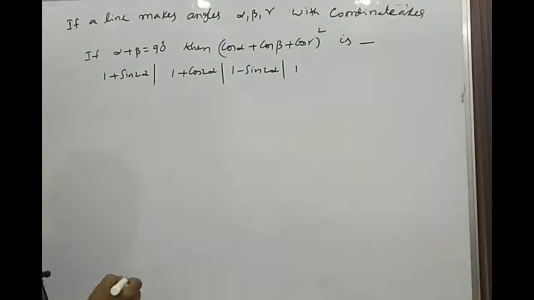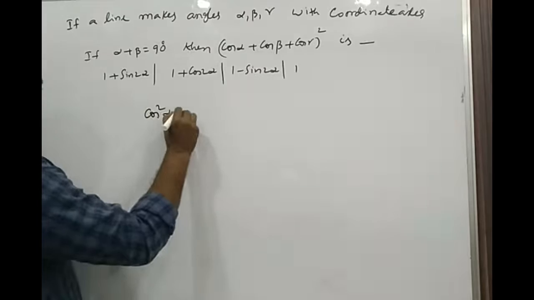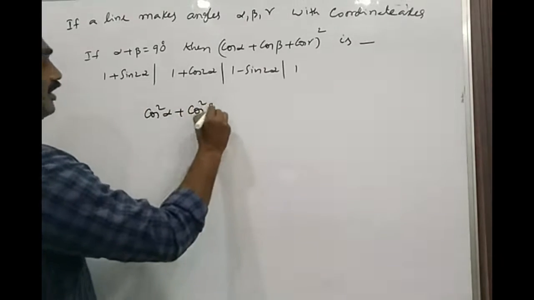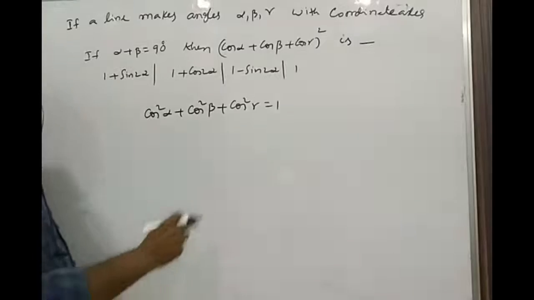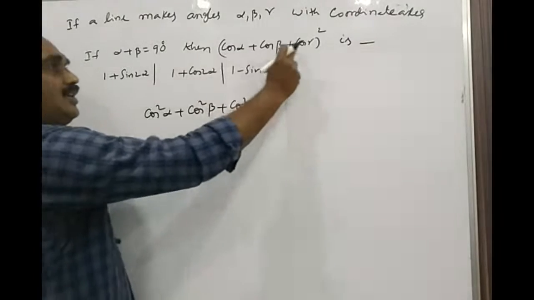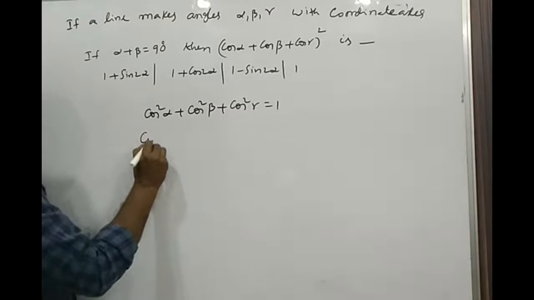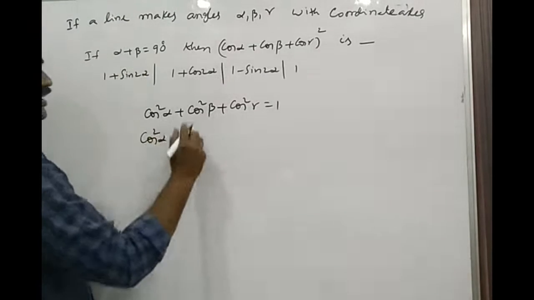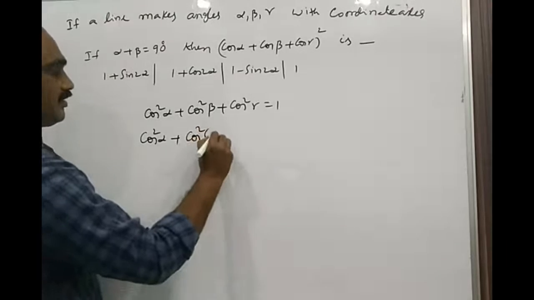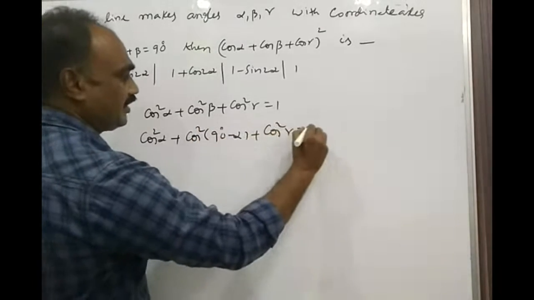Friends, if a line makes angles alpha, beta, gamma with the coordinate axes, the formula is cos square alpha plus cos square beta plus cos square gamma is equal to 1. But here we have to calculate (cos alpha plus cos beta plus cos gamma) whole square. Since alpha plus beta is equal to 90, beta is equal to 90 minus alpha. So cos square alpha plus cos square (90 minus alpha) plus cos square gamma is equal to 1.